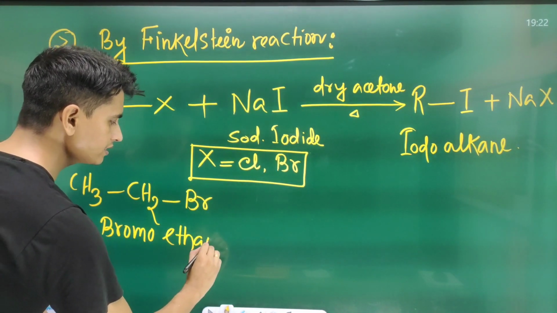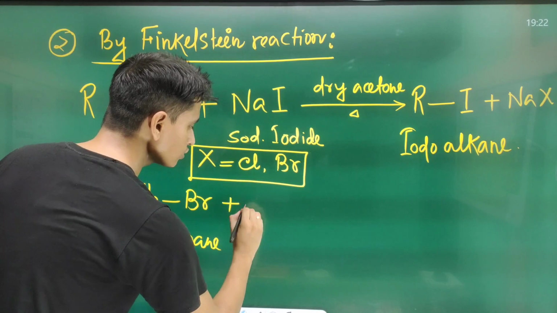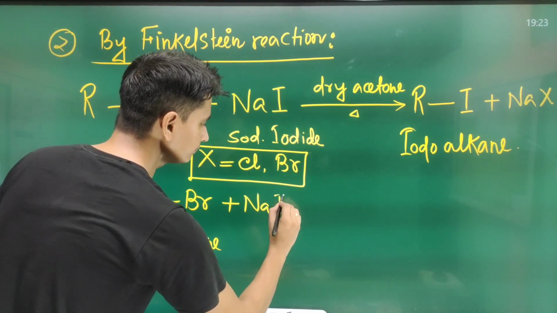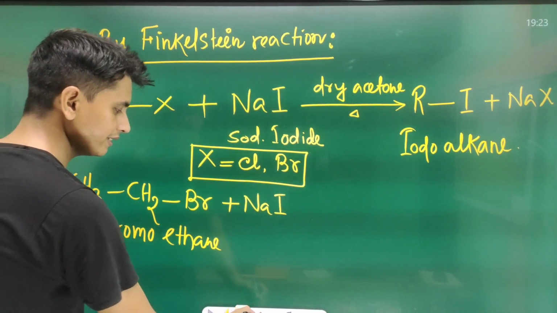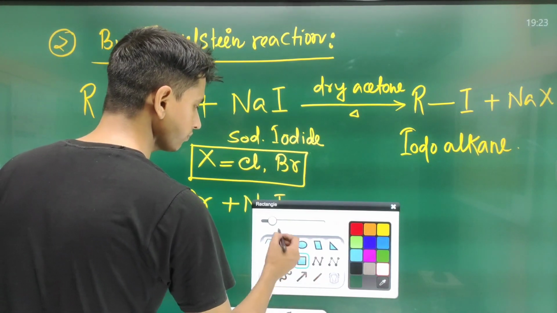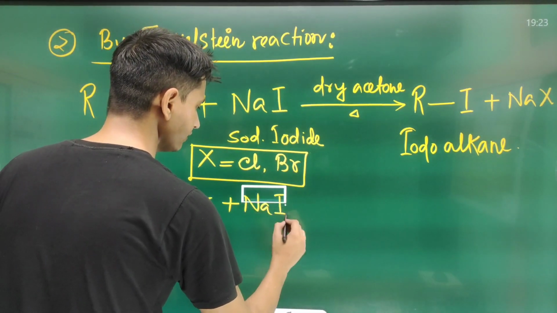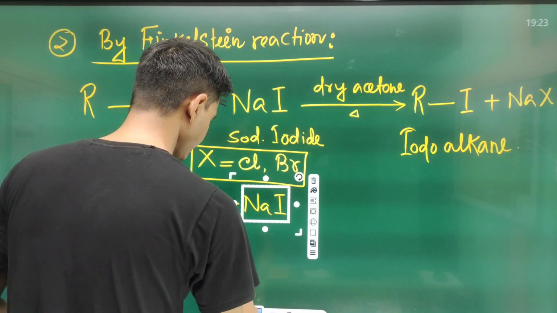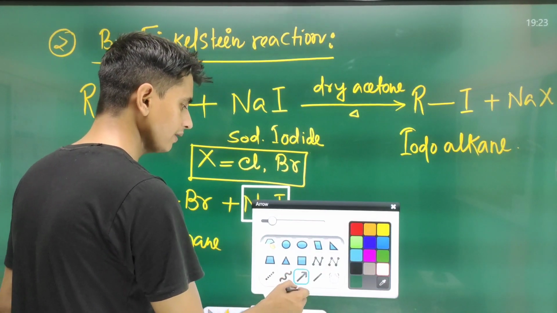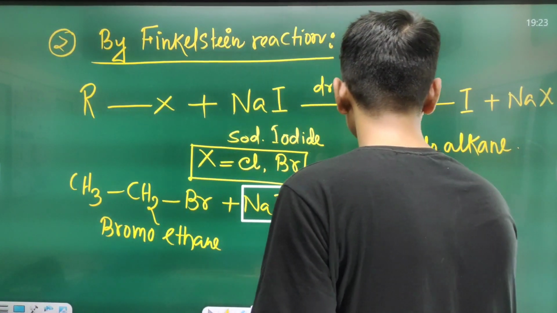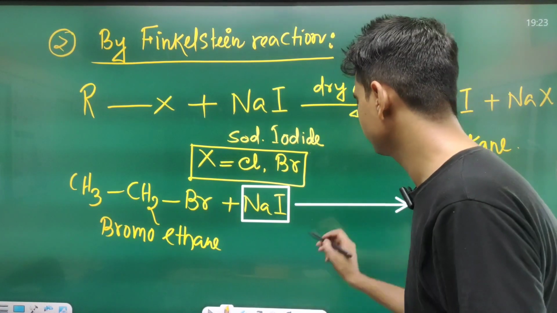When bromoethane is treated with sodium iodide, this reagent indicates this reaction actually takes place in presence of dry acetone.